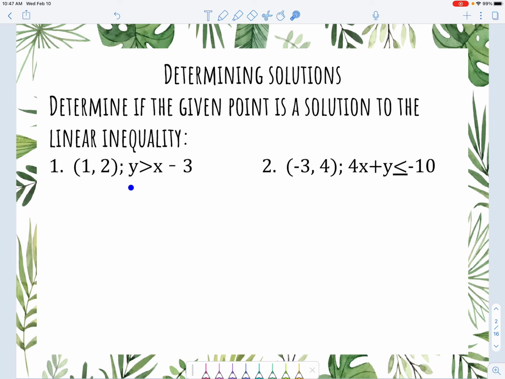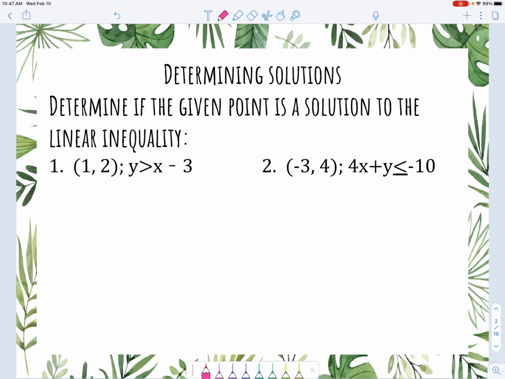At the very end, you're going to have some sort of inequality that you have to determine if it's true or false. If the inequality you're left with is true, the ordered pair is a solution. If the inequality you have is false, the ordered pair is not a solution. I'll walk you through a couple of them and then I'll give you one to try.